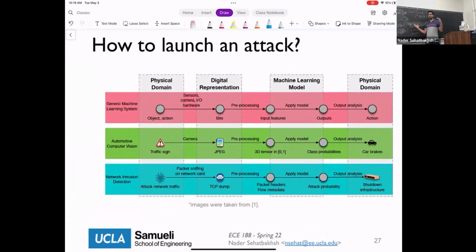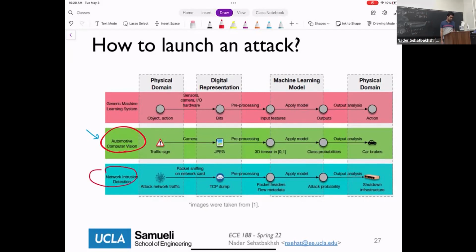Remember, I said that systems are a combination of sensors, local processing, actuator, network, backend processing, and so on. For machine learning, I gave you two examples. One is an automotive computer vision system, which you can think of as a Tesla, which has multiple different cameras and tries to use those cameras to do the autonomous driving.